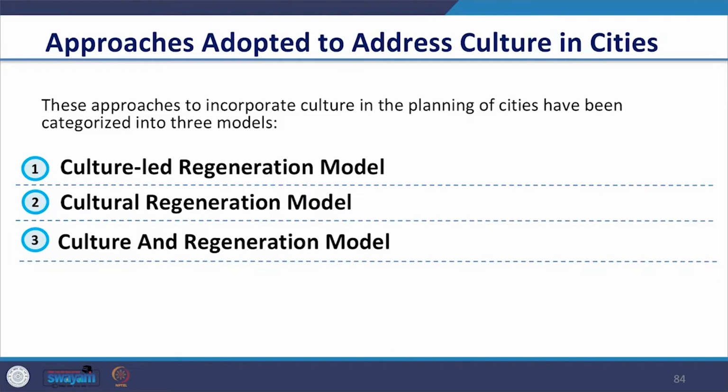The above discussed changes in understanding of culture have resulted in different approaches adopted for addressing culture in cities. These approaches, incorporating culture in the planning of cities, have been categorized into three models by Evans: culture-led regeneration, cultural regeneration, and culture and regeneration.